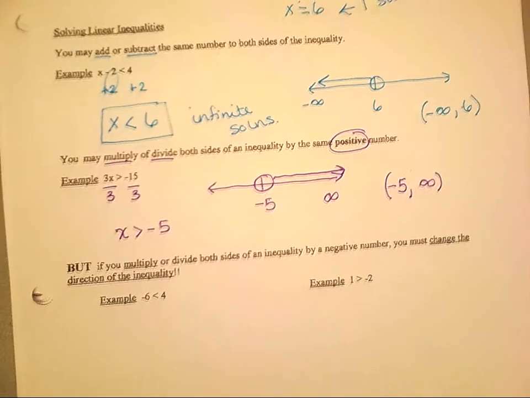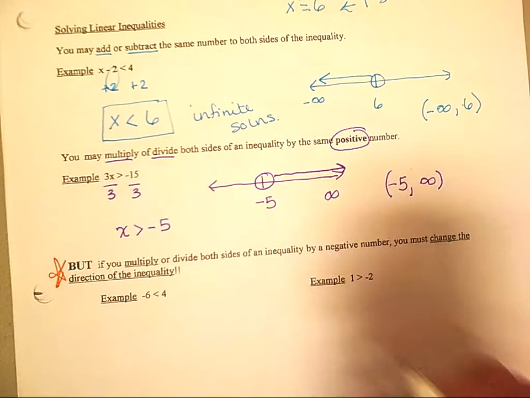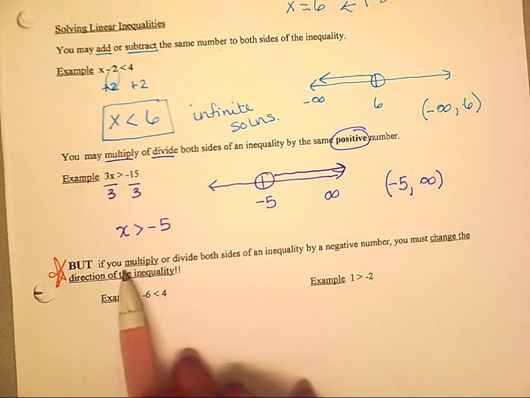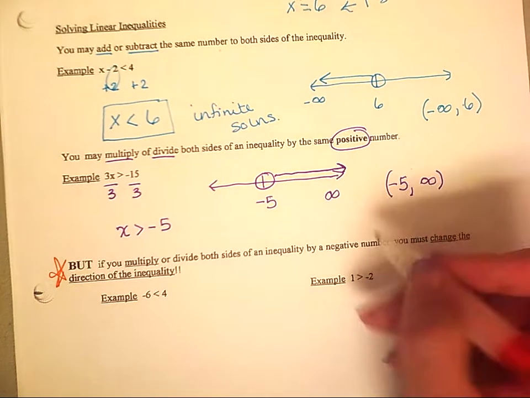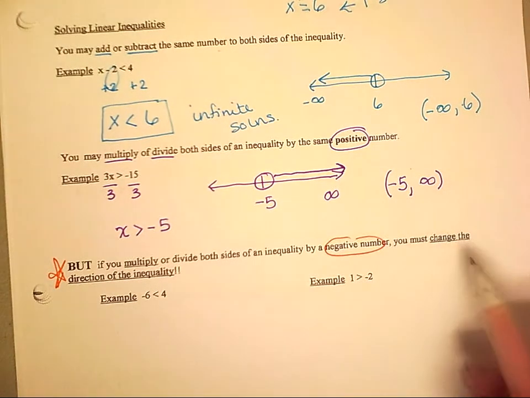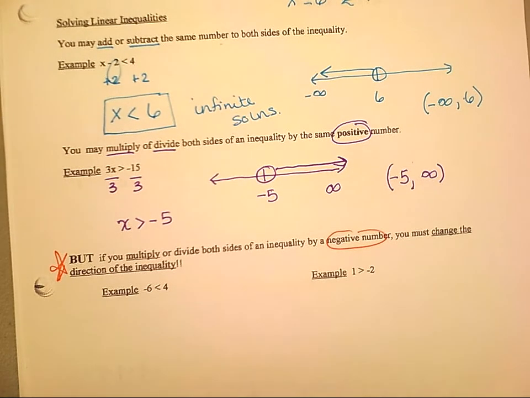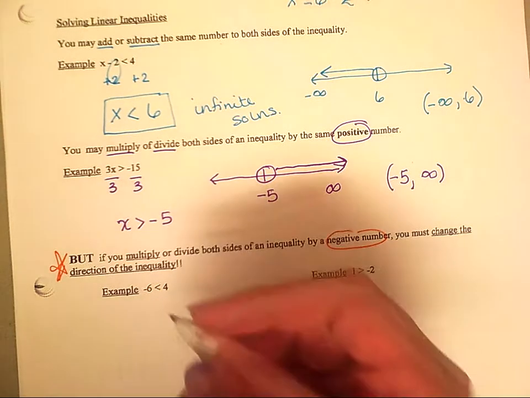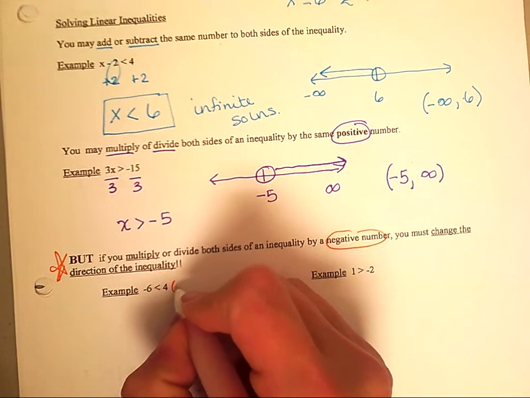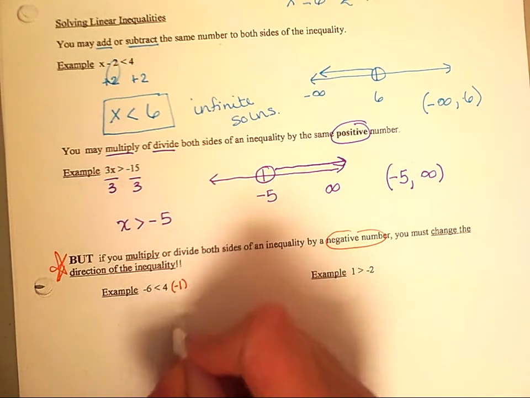Okay. Now, here is the biggest thing, the change, okay? If you're going to multiply or divide the inequality by a negative number, we have to flip the inequality. Here's why. Okay. Let's say I want to multiply by a -1.